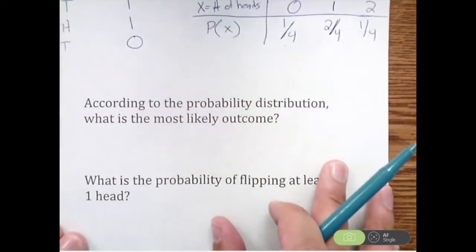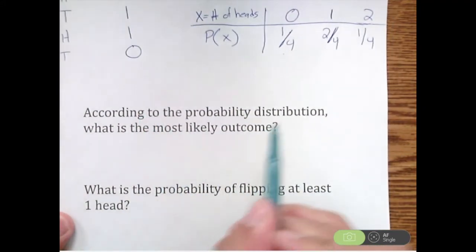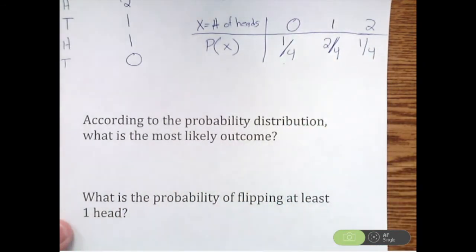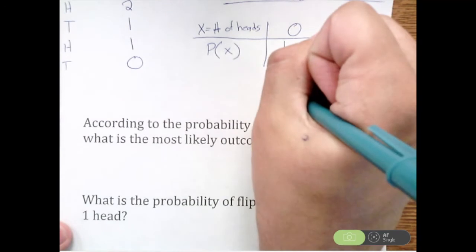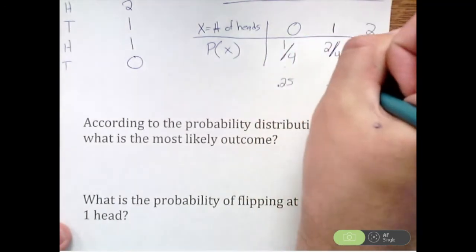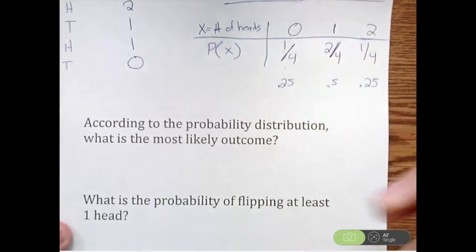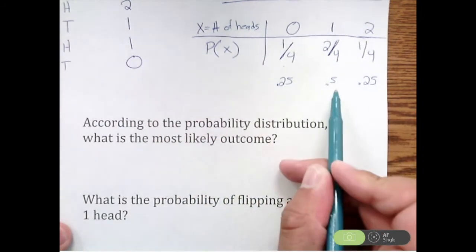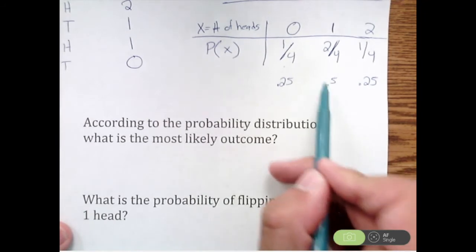So let's use that to answer some questions. According to the probability distribution, which I have here, what is the most likely outcome? Well, again, 0 is 0.25, this is 0.5, and 0.25. So what has the highest probability of happening is also the most likely to happen. The highest probability is this 0.5 right here.